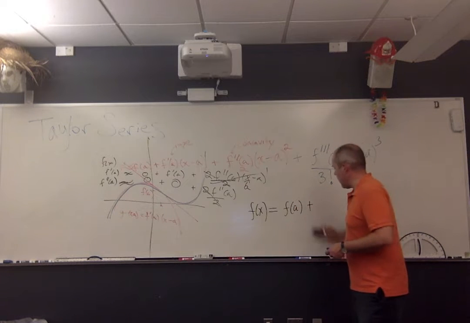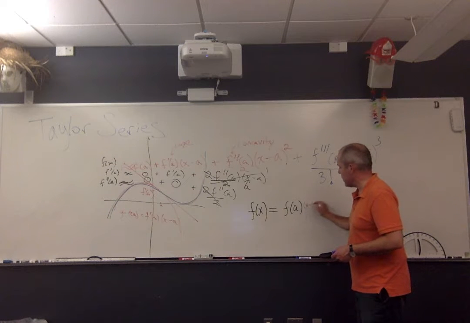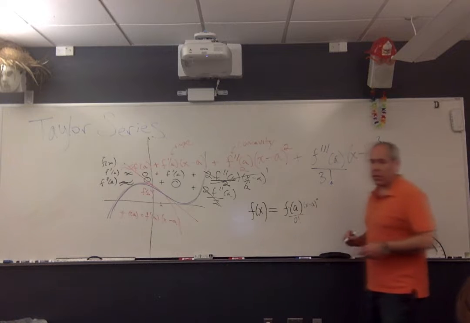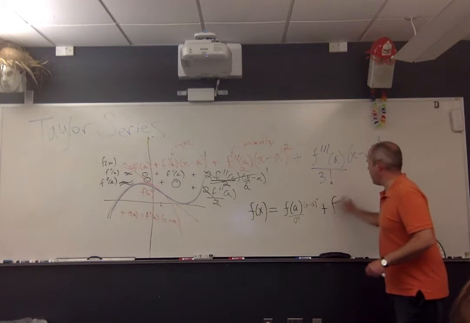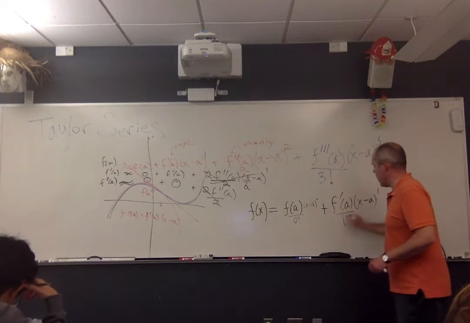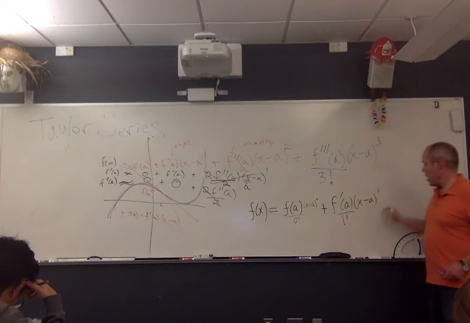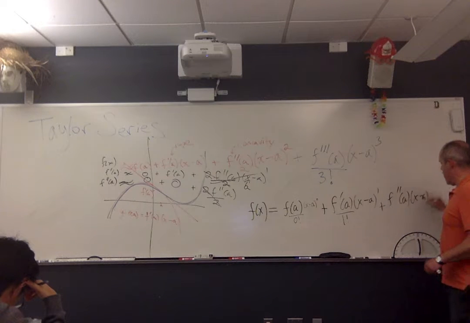If you really want to be careful, f of a is actually times x minus a to the 0 over 0 factorial, which is 1. Plus f prime of a times x minus a to the first, over 1 factorial, which is also 1. Plus f prime prime of a times x minus a squared over 2 factorial, plus and so on.